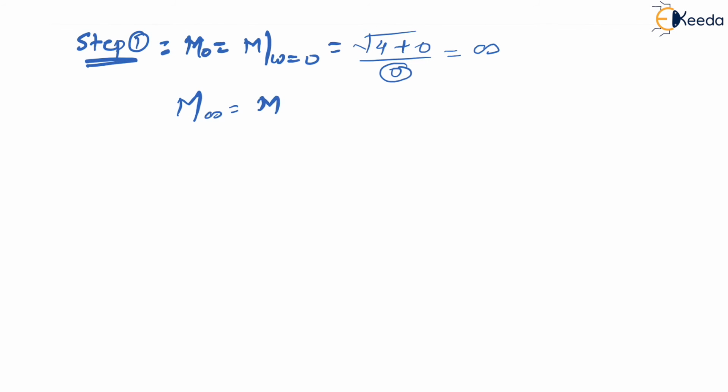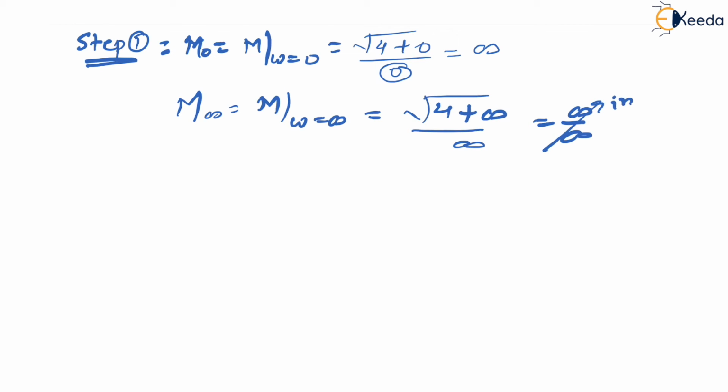The next is M infinity. M infinity is the magnitude at omega equal to infinity. If you replace that in the magnitude equation, you get under root of 4 plus infinity divided by infinity. Is that right? Here you get an infinity by infinity form, which is the indeterminate form. In such a case, what we do is we take omega squared common. M, which is our original equation, is root of 4 plus omega squared by omega cube.